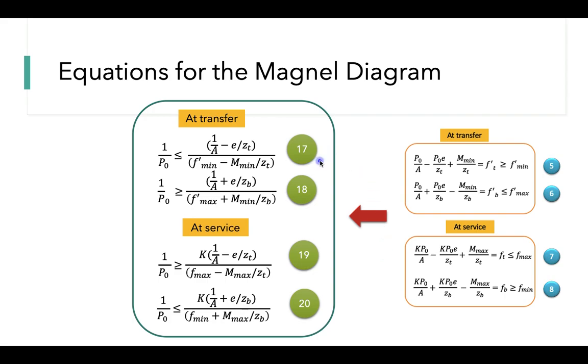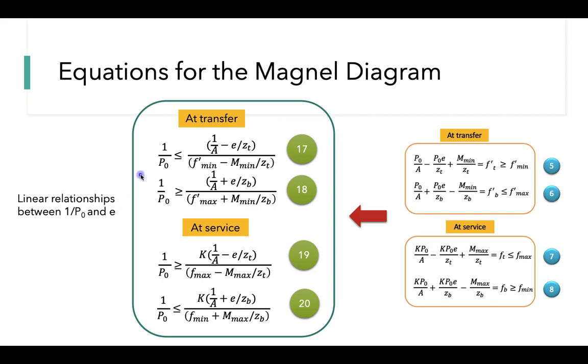These equations have been rearranged to give 1 over P naught, with two equations at transfer and two equations at service. These are the four equations we will use in the construction of the Magnel diagram.